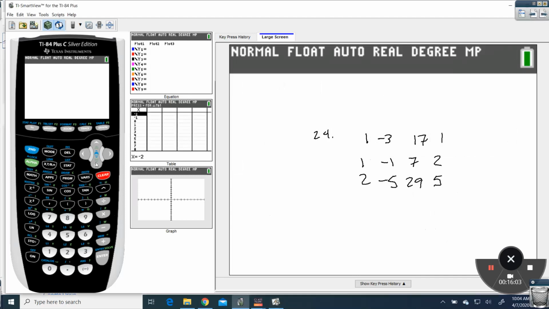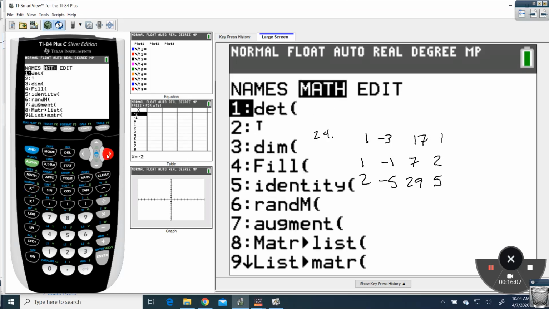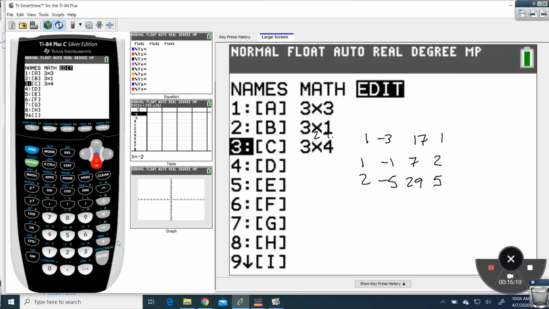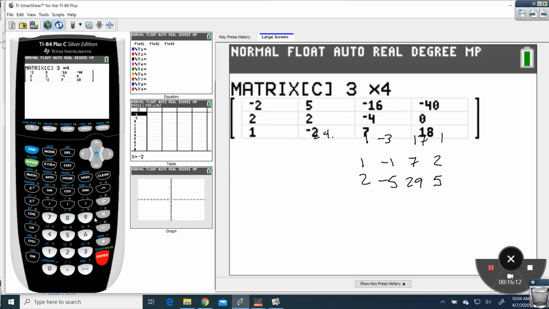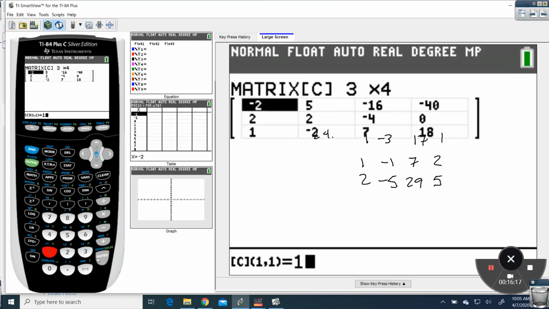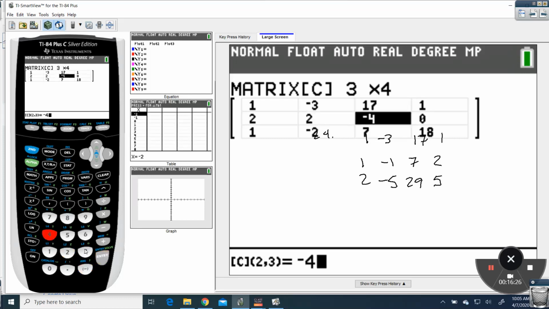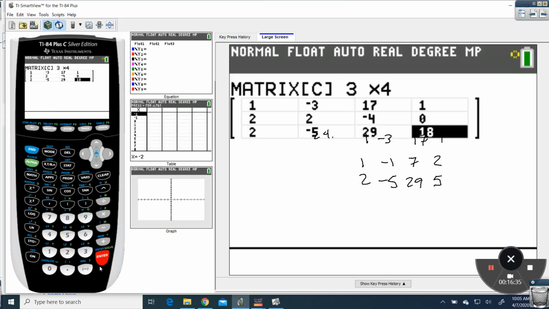Question number 24. So I go second matrix. Let's do a 3 by 4 again. So 3 rows by 4 columns. 1, negative 3, 17, 1, 2, 2, negative 4, 0, 2, negative 5, 29, 5.